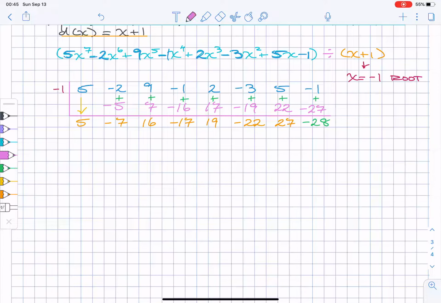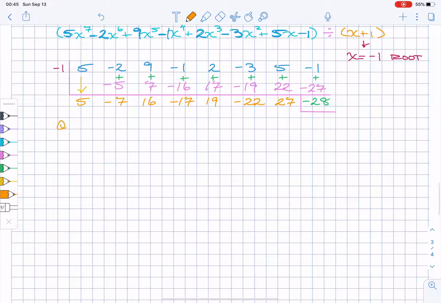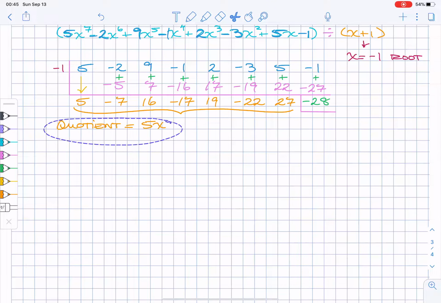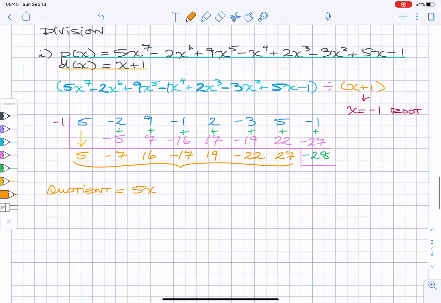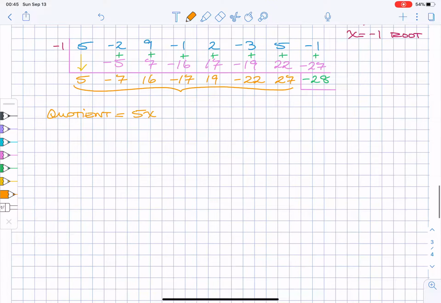And usually what we do is we put a little box around this last one, like so. So what have I just done here? The quotient, oops, wrong color, it should be orange. So the quotient, Q of x, has these coefficients here. So it's going to be 5 times x to some power. And what power is that? Well, it's always 1 degree less than the original. So the original was 7, so this is going to be 6.